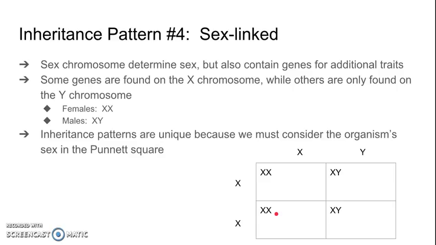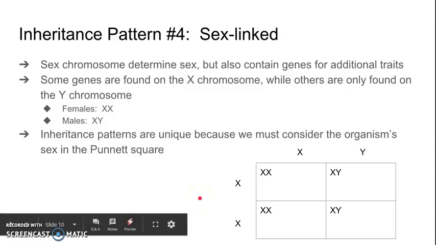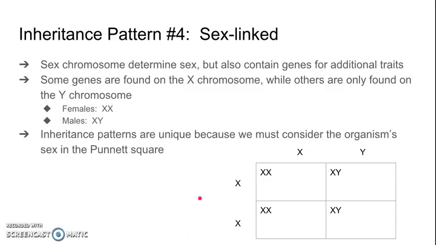Now, when we look at the genes that can be inherited on these sex chromosomes, we always must consider the organism's sex in the Punnett square. I have a simple Punnett square here, just showing that if you were to cross a male and a female, what would be the resulting offspring, what would be their designated sexes?